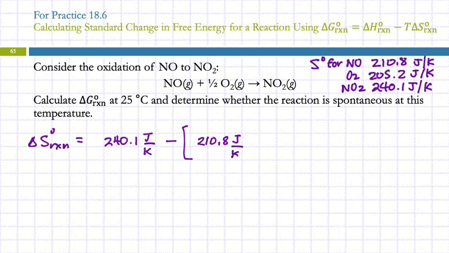It's all caps. Plus 1/2, I'm going to write 0.5, times the one for oxygen. I'm getting negative 73.3.